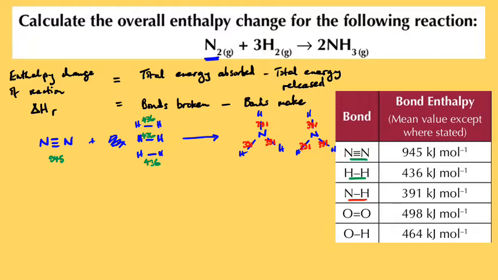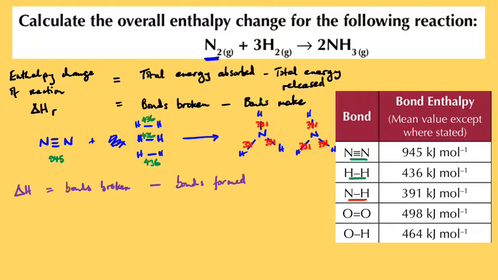I'm going to switch to purple instead. So for all of the bonds broken, let's say delta H equals bonds broken take bonds made. Let's call it bonds formed, because you might come across that word instead.